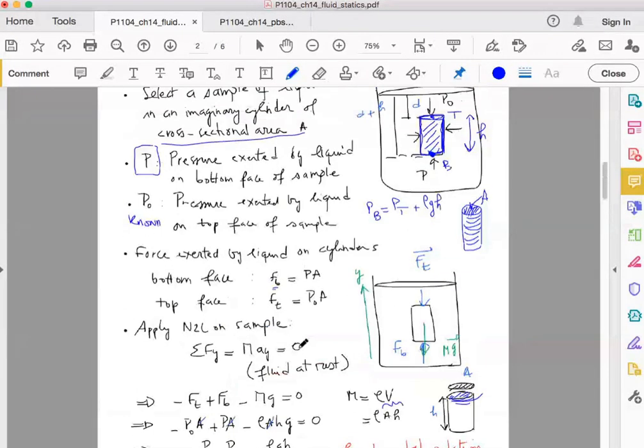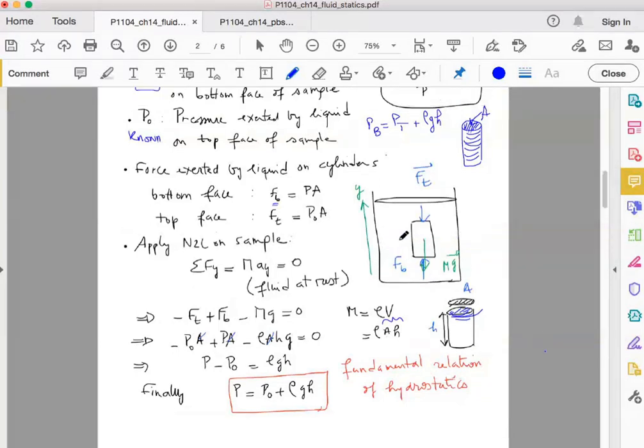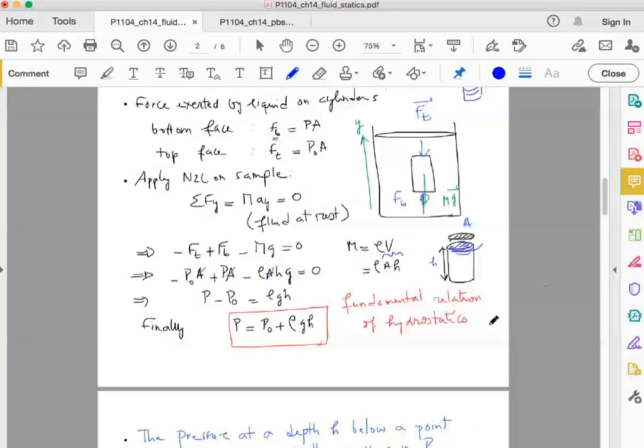It also tells us that if you take any two points at the same level, all these points have the same pressure, because they are all at the same depth H under this level, which is P0. Along this level you will end up with the same value of the pressure, P0. Okay, so this is the second message from the fundamental relation of hydrostatics.